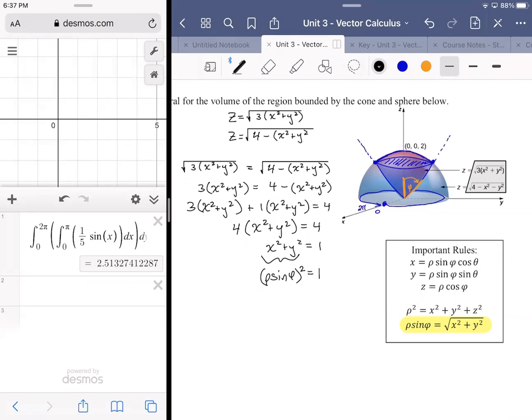It's not very often that you're able to take the square root of both sides and get something relatively clean, as in the case of x squared plus y squared in rectangular coordinates. In this case, you actually can. The other way to do it would be to slap a radical over both parts, in which case you get what we're about to get, which is rho sine phi is equal to 1.